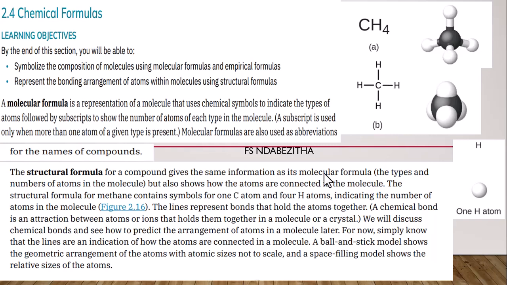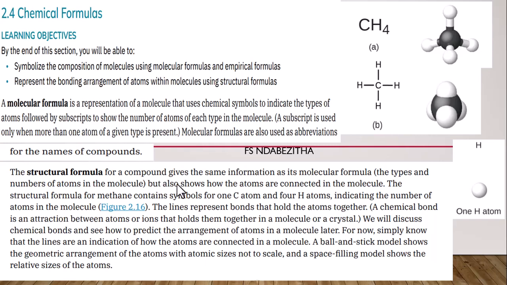In actual fact, you are looking at a chemical reaction that has happened, represented in a structural formula, which is the same as a molecular formula. The types and numbers of atoms in a molecule are also present there. So when you look at the structural formula, you are looking at the types and the numbers of atoms in a molecule. So you are in essence looking at a molecular formula. All right.